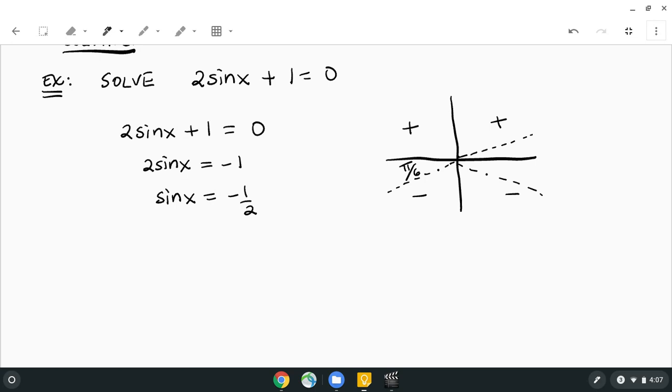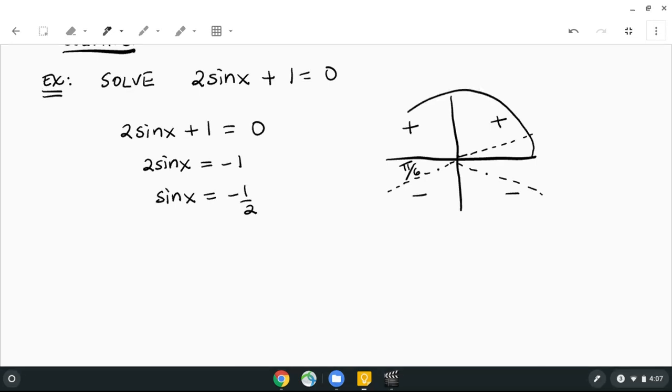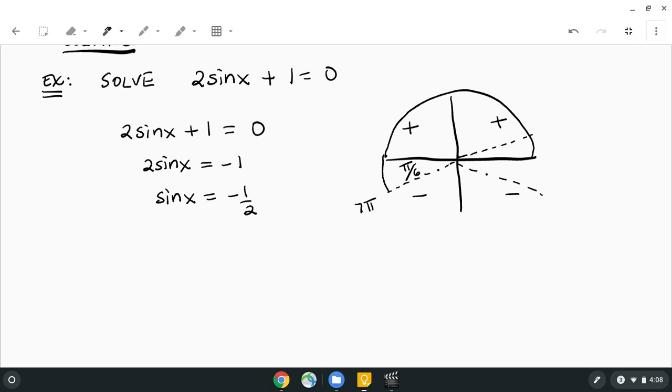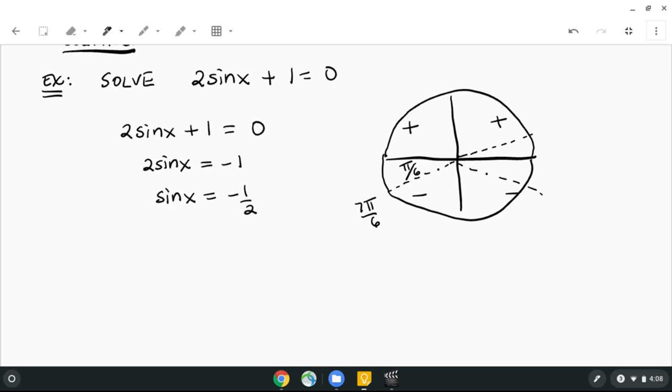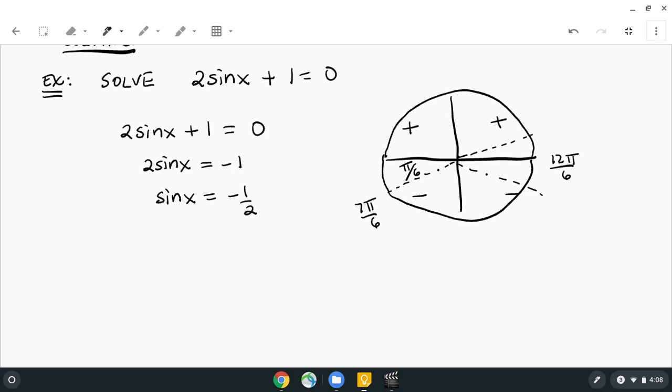So we take all of this here, which is 6 pi over 6, 1 pi, plus 1 more. So this is 7 pi over 6. Then remember, to go all the way around, a full circle, is 2 pi, or another way to look at it is 12 pi over 6, which is 2 pi.